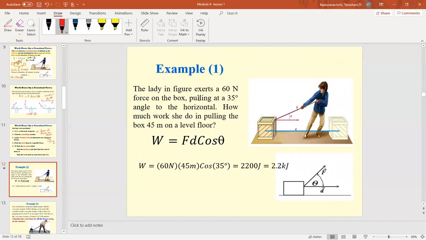The lady in the figure exerts a 60 newton force on the box, pulling at 35 degrees. How much work does she do in pulling the box 45 meters? The box goes from here to here, and make sure work done is not just force times distance. If you put that, it is incorrect.